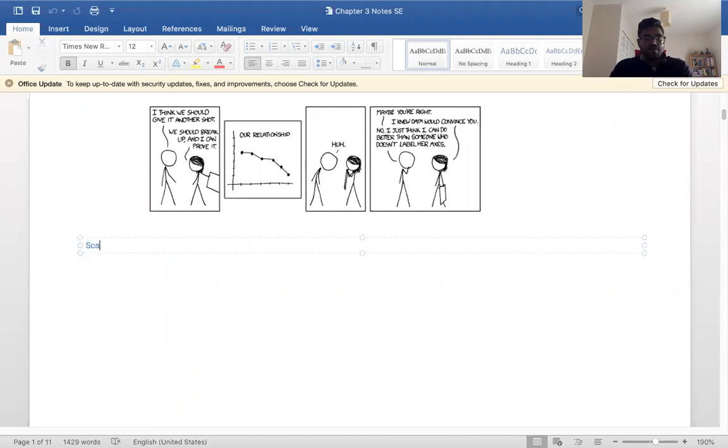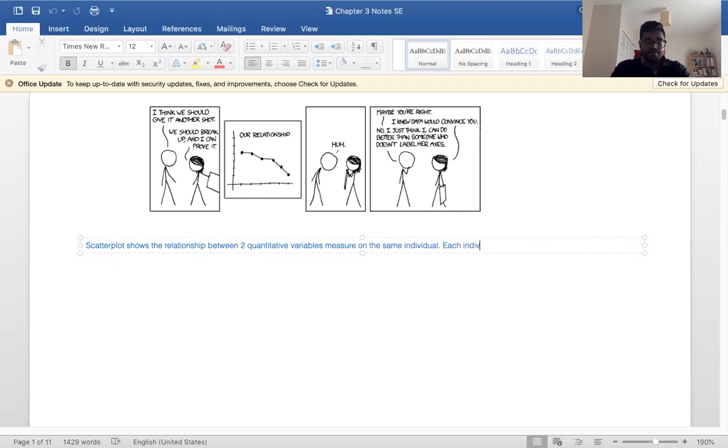Okay, so now a scatter plot shows the relationship between two quantitative variables measured on the same individual, right? So for example, if you're looking at IQ and income, right, you have both their scores for one person.